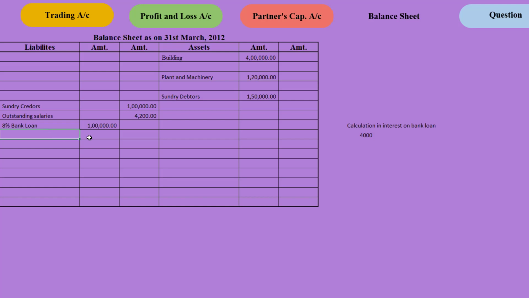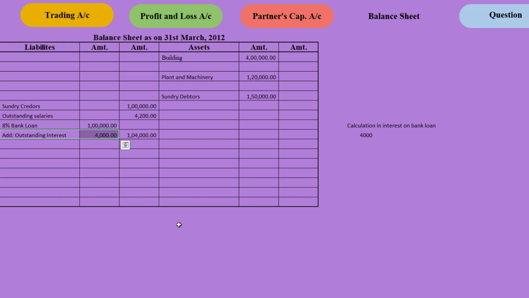This 4,000 will be added. Here it will be written outstanding interest 4,000, and then directly in outer column 1 lakh 4,000 will be written. Okay.